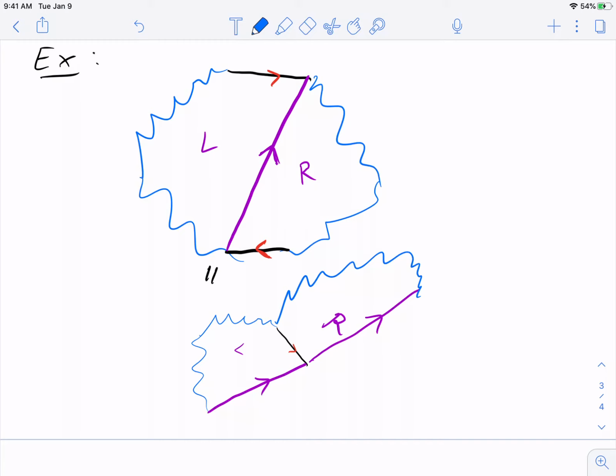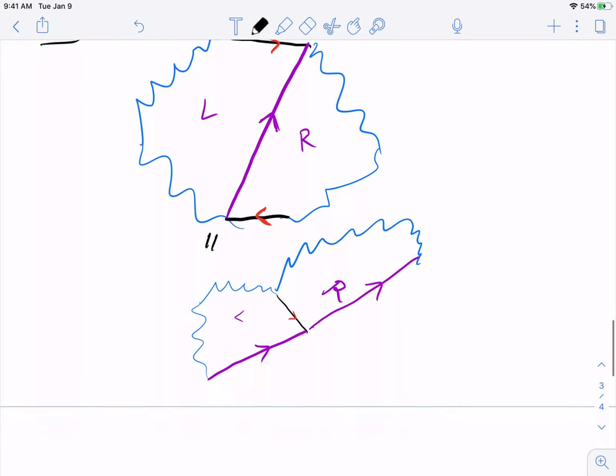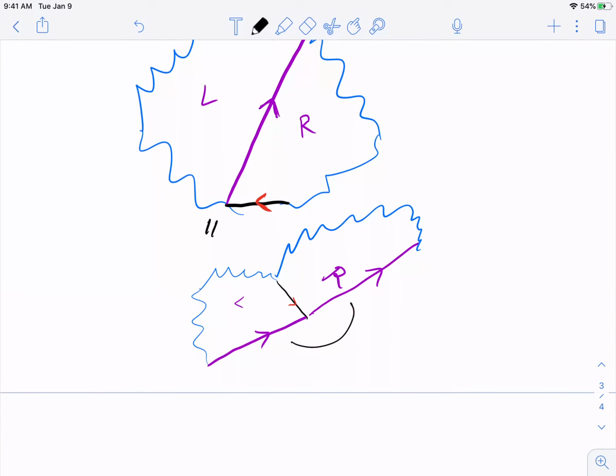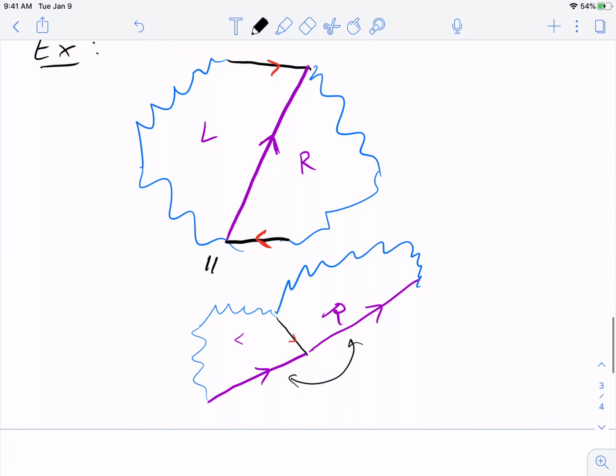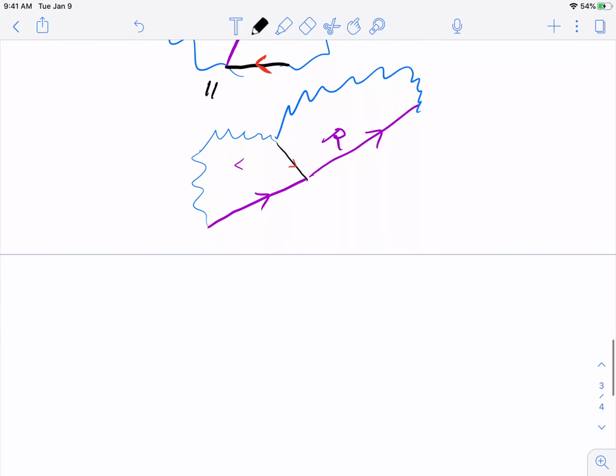Okay, and so in doing this, I haven't actually changed my surface. I've just represented it in a different way because I've identified these two sides, which is pointing out the fact that secretly they're the same side of my surface. Okay, now we only care about topological equivalence here, so I can stretch this. Maybe I'll do a squiggle for topological equivalence. And so if I stretch it a little bit, I'll just draw these purple arrows like that.